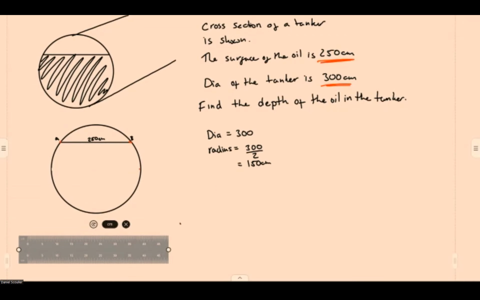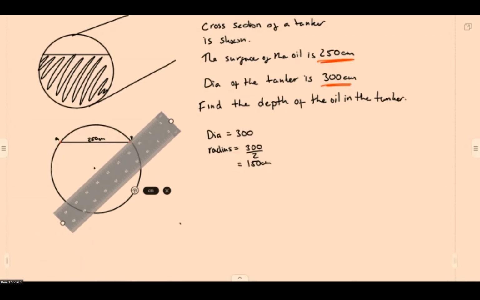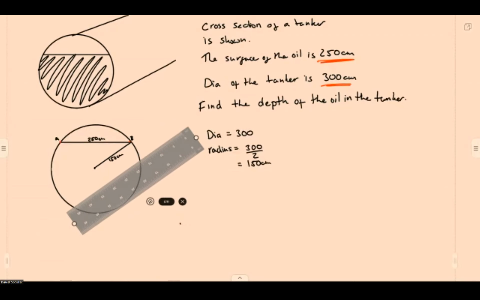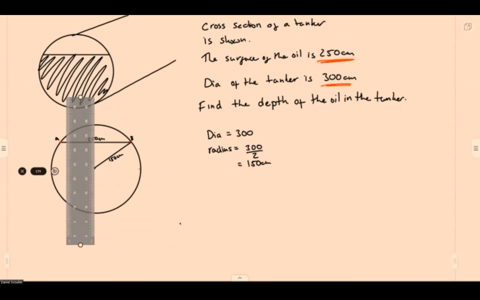So if we were to draw something that would be useful on a circle, if we draw a line from the centre to the outside edge, what we've drawn on is the radius. It's 150 centimetres. Now, what else can we do? Well, we can take a line from the centre and cut the chord in half.